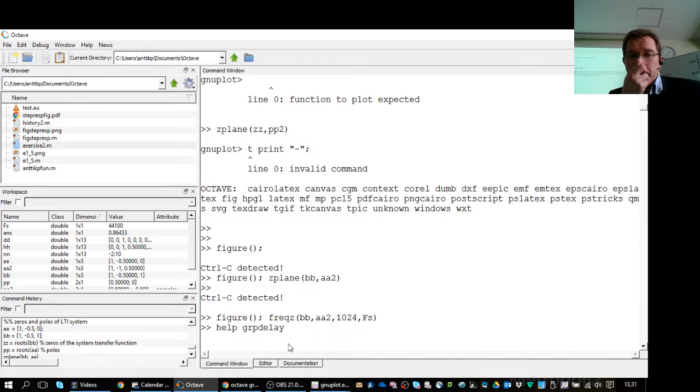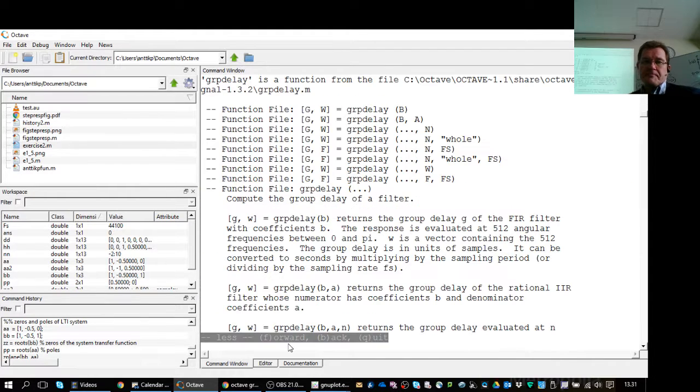Group delay. Oh, excellent. We can calculate the group delay with just the parameters B and A. And we want to put there also the number of data points, and especially the sampling rate. So then we know the group delay in seconds.